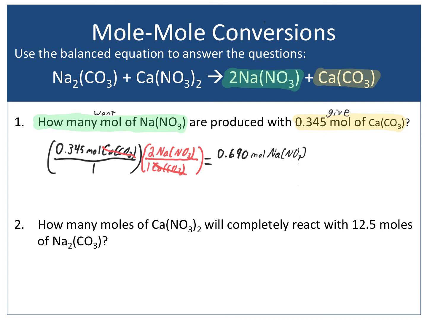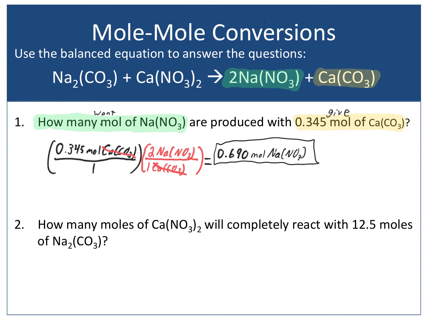And both my denominators are 1, so I can ignore it. And there's my answer, 0.690 moles of NaNO3. All right, let's look at the next one.